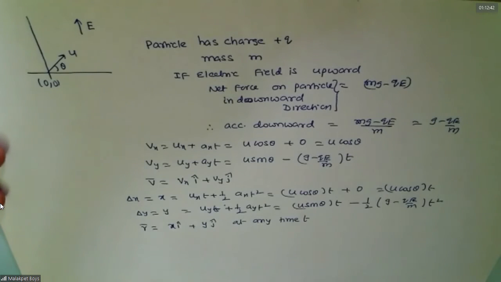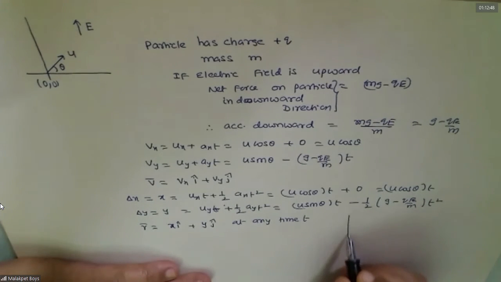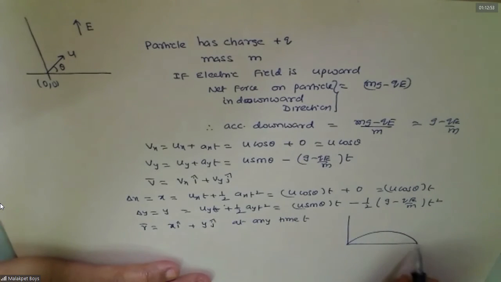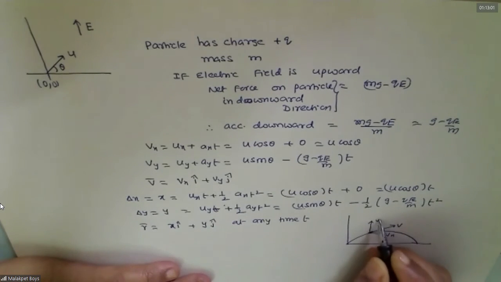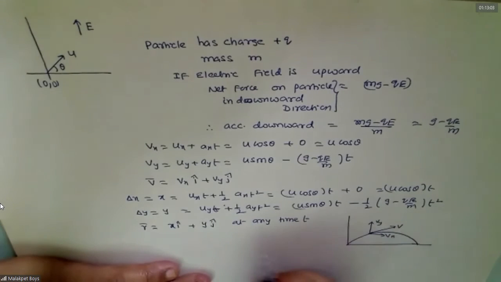Is it clear? Like that, you can find whatever is asked using the principles you already know. So, for example, we have here a velocity vector. You have Vx, you have Vy. What is the direction of velocity?